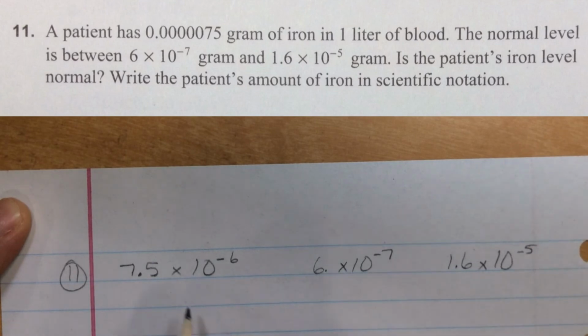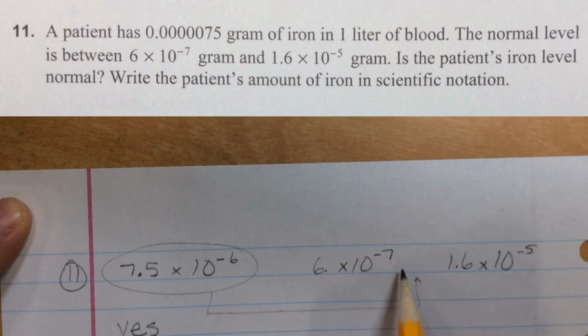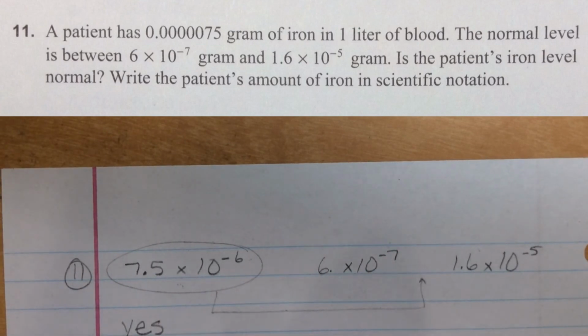Well, they made that pretty obvious for us. Yes, this does go between those two. You can just look at the power of 10 and tell that. And so the answer is yes, the patient's blood level of iron does fall between the two norms. This one here and this one here. This is actually the higher norm and this is the low norm. So yes, and here's the scientific notation for it right there.